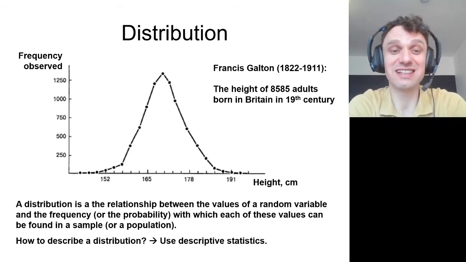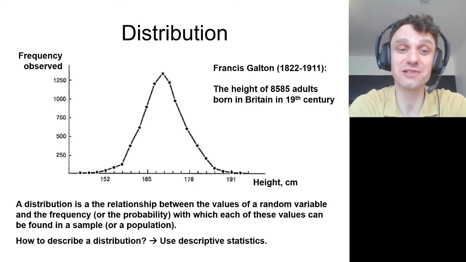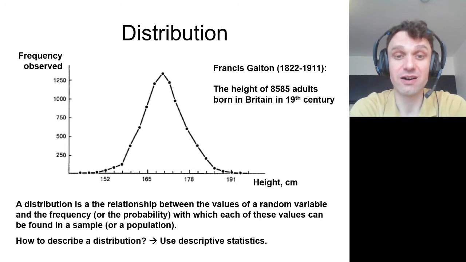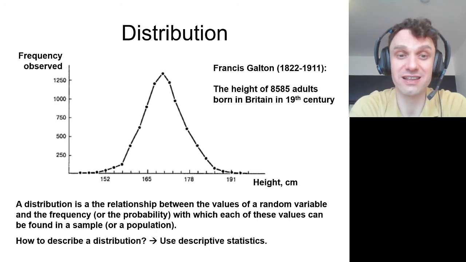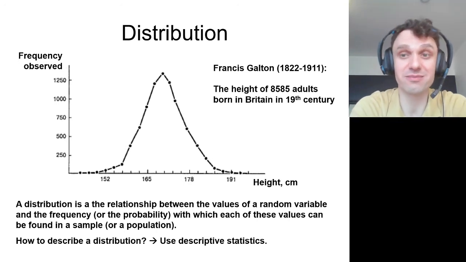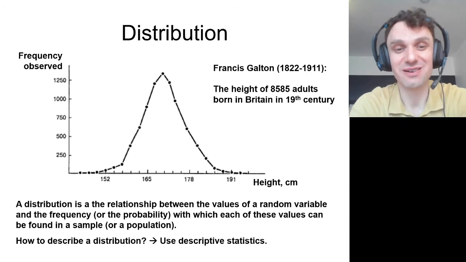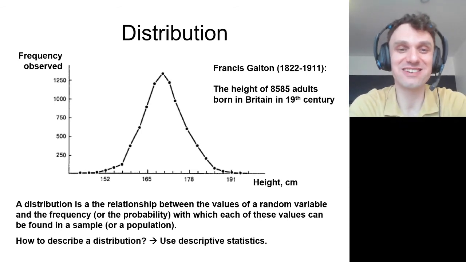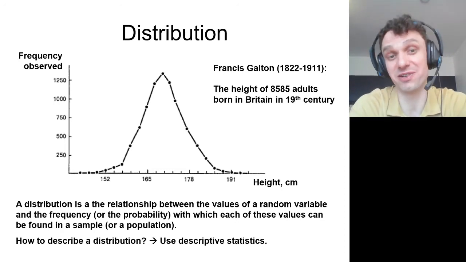So a distribution is basically the relationship between the possible values of a random variable and the frequency or the probability with which each of these values can be found in a sample or in a population. So here you can see that most British people in the 19th century had a height of about 170 centimeters, more or less. But how can you actually describe this distribution?